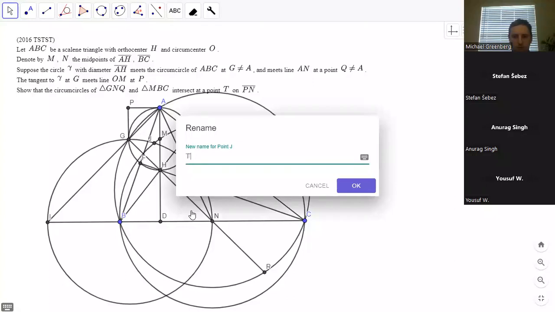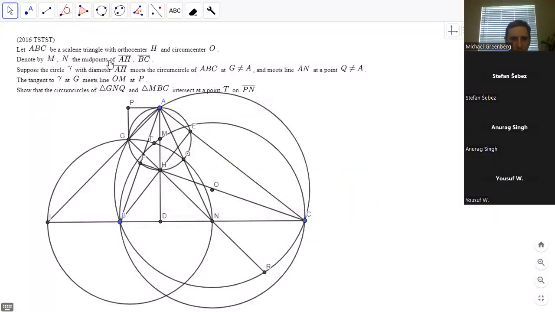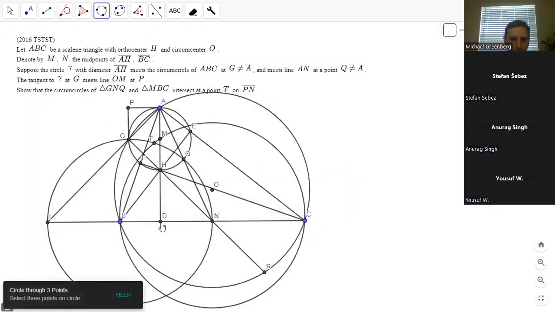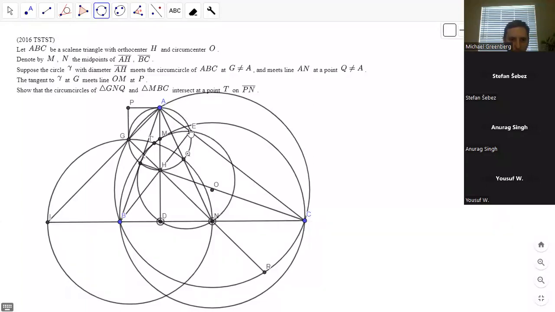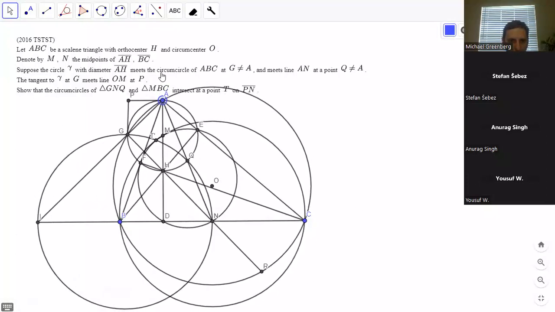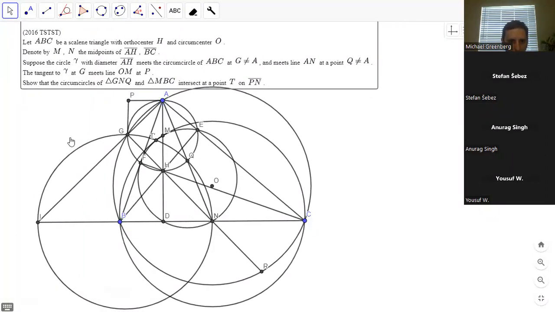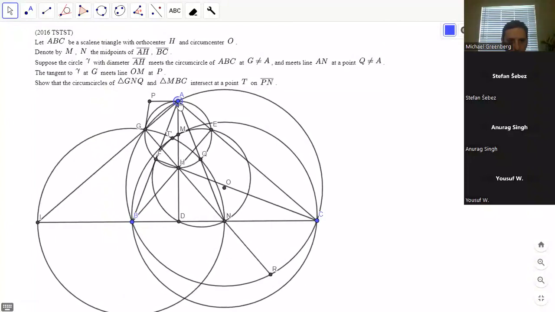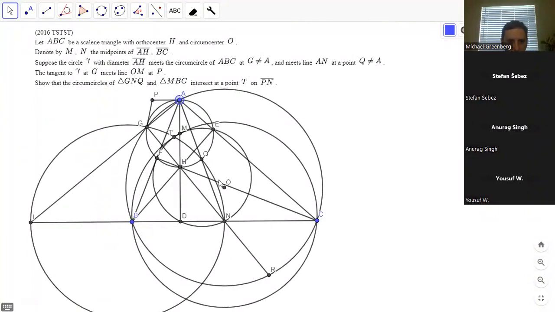Wait, can you introduce the 9-point circle as well? Because M lies on the 9-point circle, and so does P here. Yes. Oh, and it looks like T prime lies on it. Interesting. I think we should invert at N with radius NB. N with radius NP, NB.